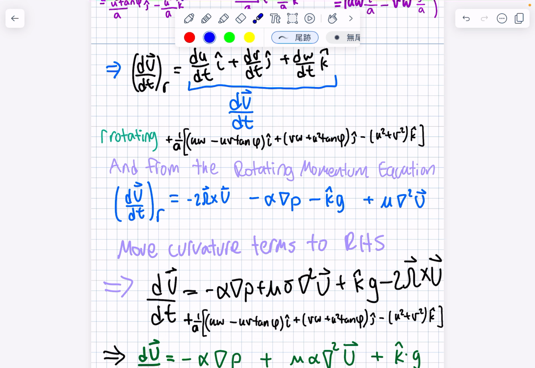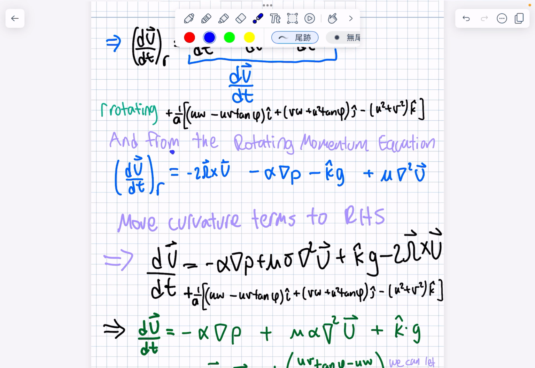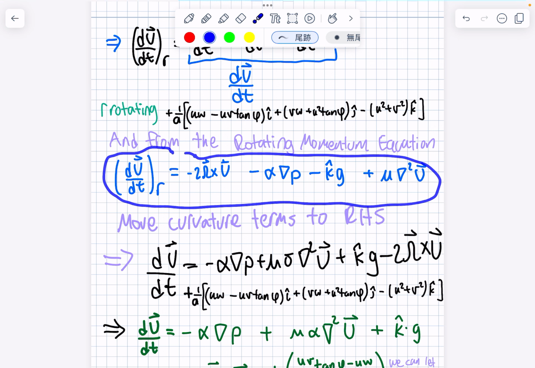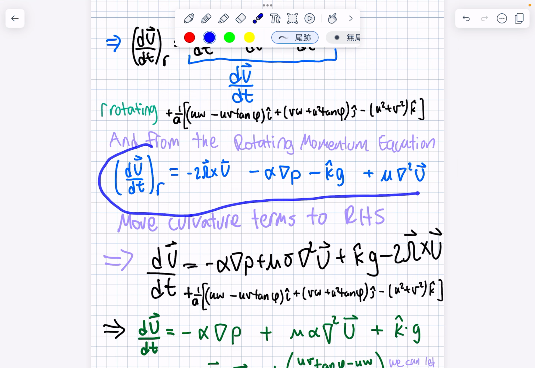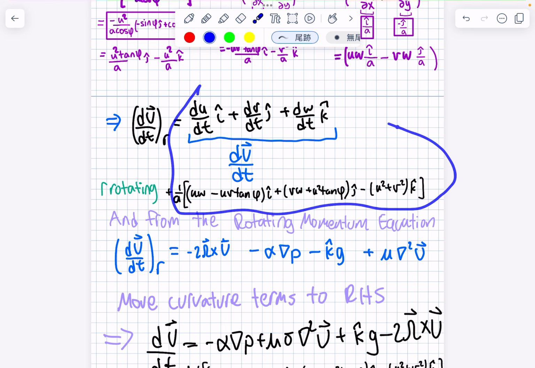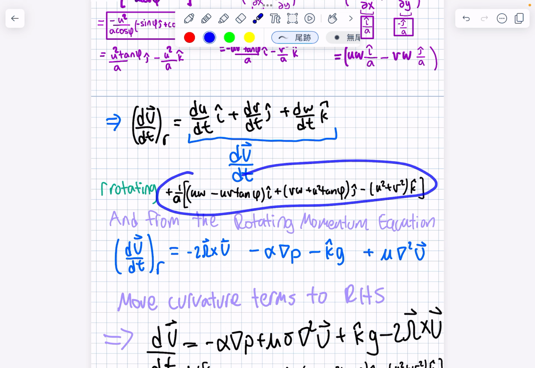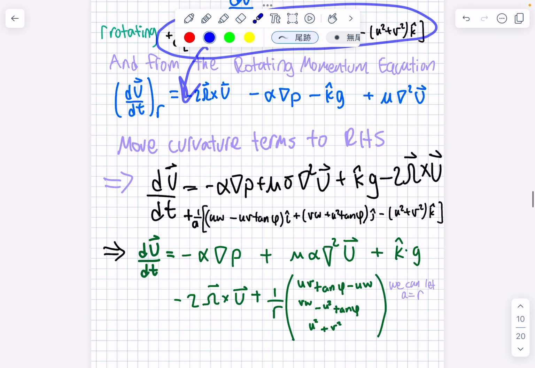Now, we also know from the previous video that the rotating momentum equation or atmospheric equation is in this form. So we now know that this is equal to this. So we can take these terms and subtract them on this side.